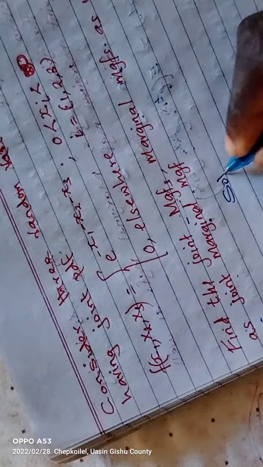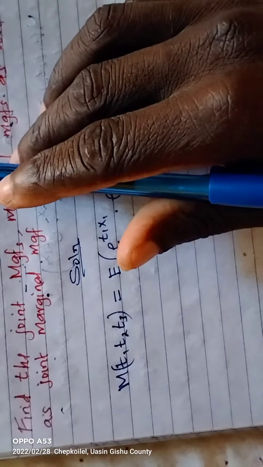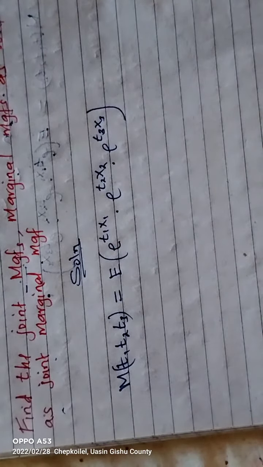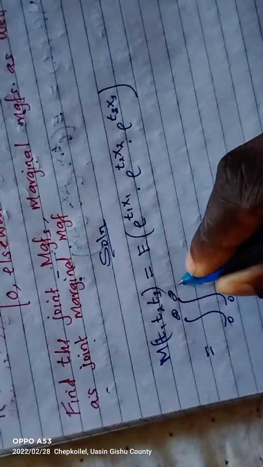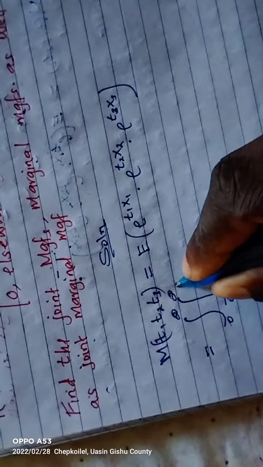So let us continue. Because this is a continuous function, we integrate three times, because we have three random variables. We integrate from 0 to infinity, we double integrate from 0 to infinity, and we also integrate from 0 to infinity.